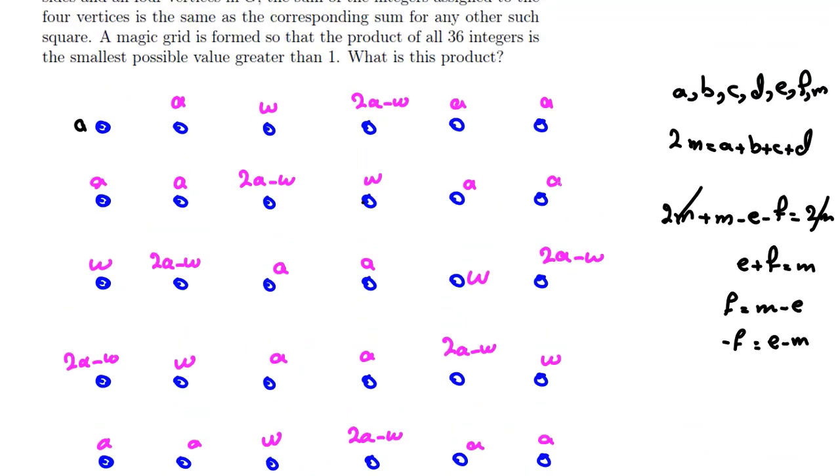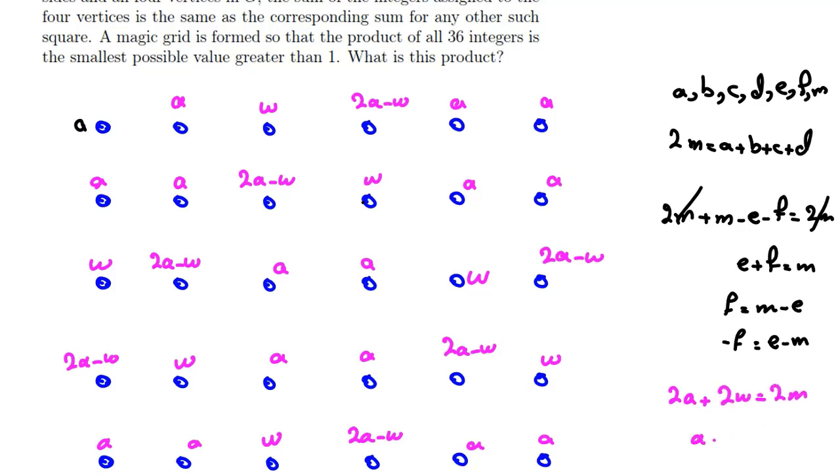Okay, so here we want to check. 1 by 1, it is 4A, 1 by 1, 4A, all of them 4A. Okay? If we check 3 by 3, it is 2A plus 2W, okay? So 2A plus 2W equals 2M.